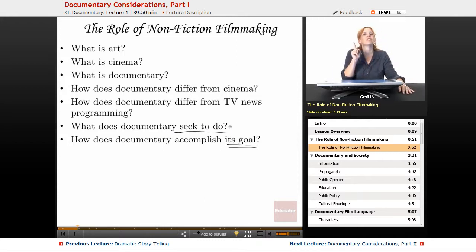And there is no one answer to that. Okay, what documentary is trying to do. But you do want to start thinking about, well, what makes something a documentary? If there's truth involved in it, but it's truth not with a story that's completely made up, but it's real people. How does it go about accomplishing its goal?